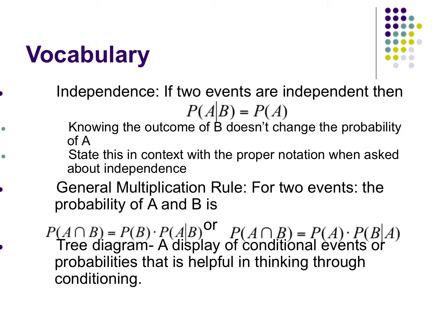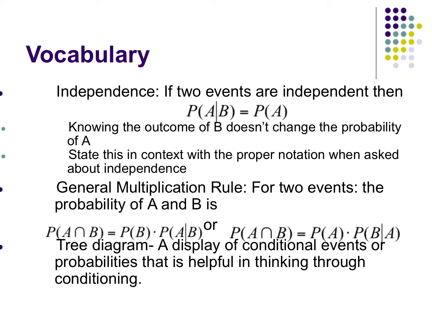If two events are independent, then the probability of A given B is equal to the probability of A. Knowing that B happened did not change the probability that A will happen. It's the same.